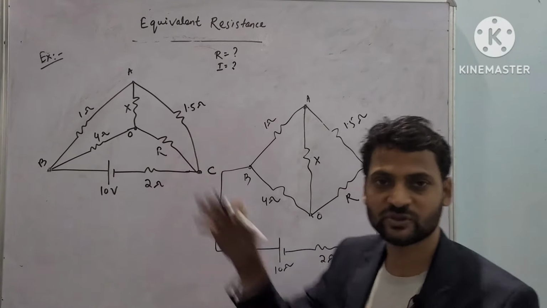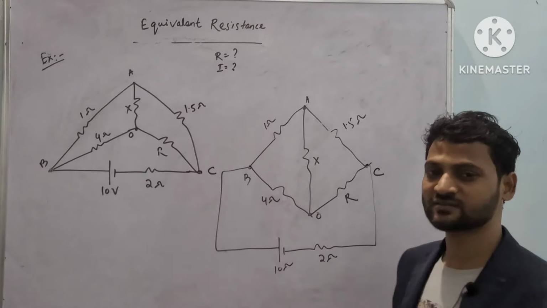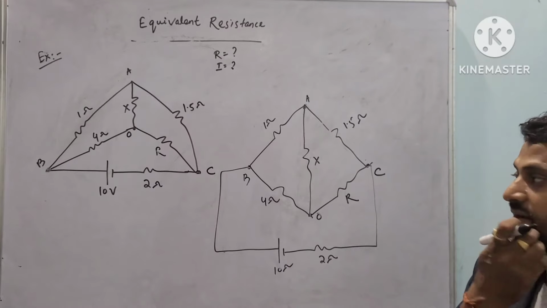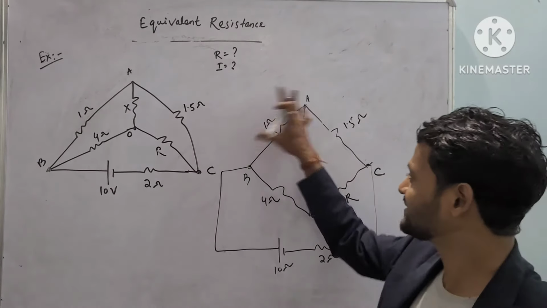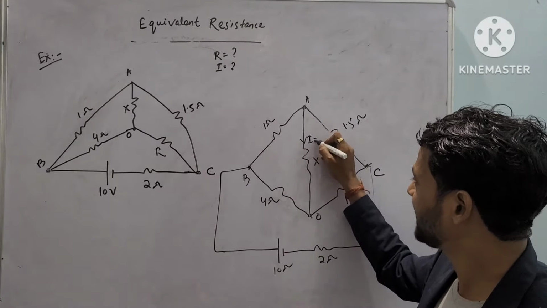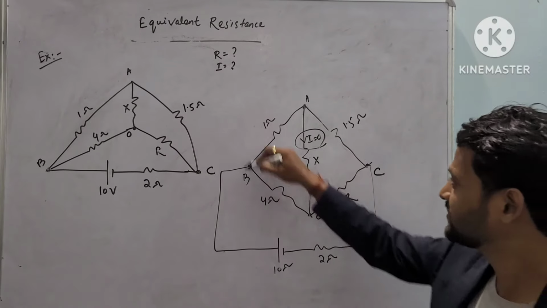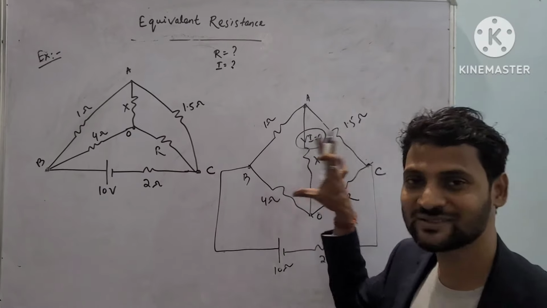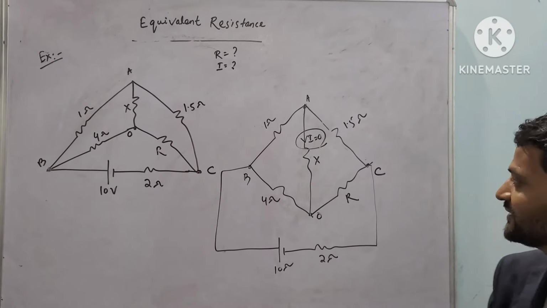So there is no difference between these two circuits. What I did, I just redrew the circuit, I just rearranged the circuit to make you understand. So clearly you can see, if current through this branch is 0, this portion is a balanced Wheatstone bridge kind of circuit.